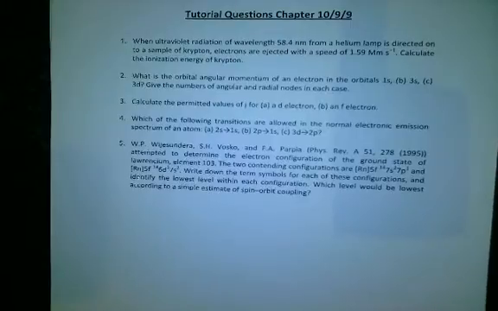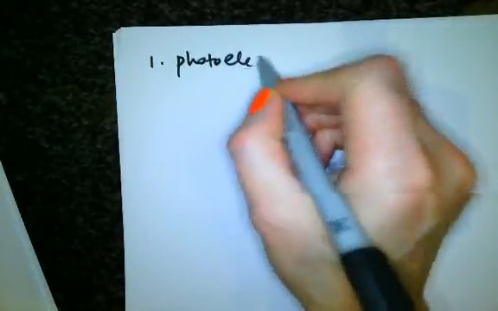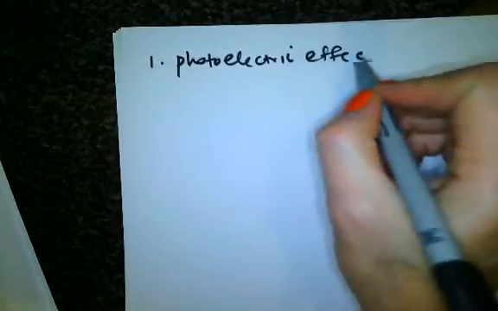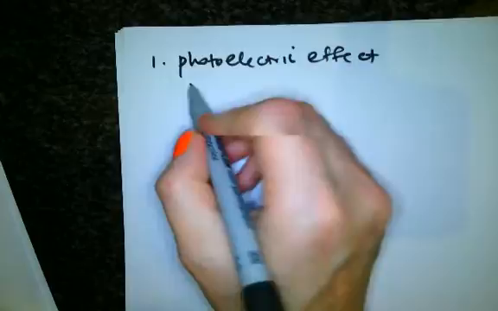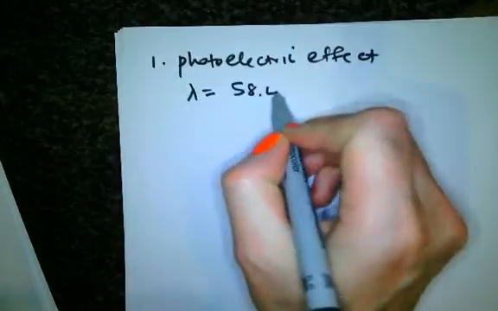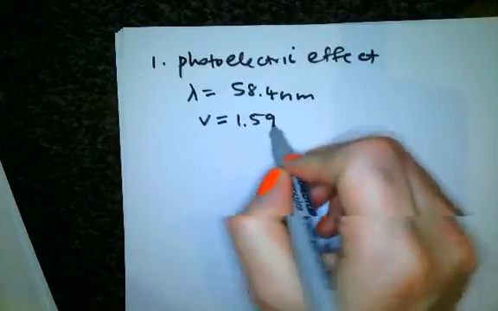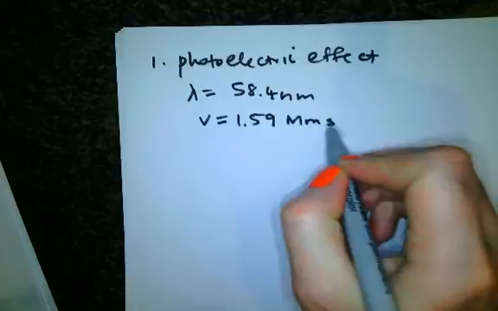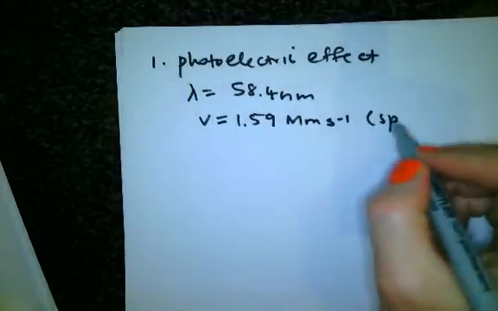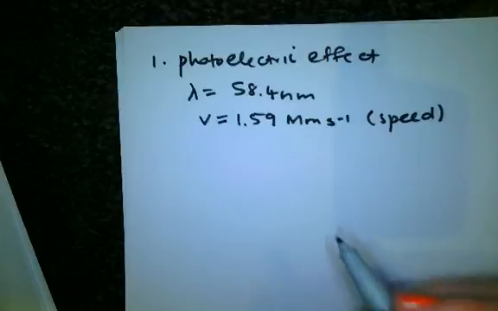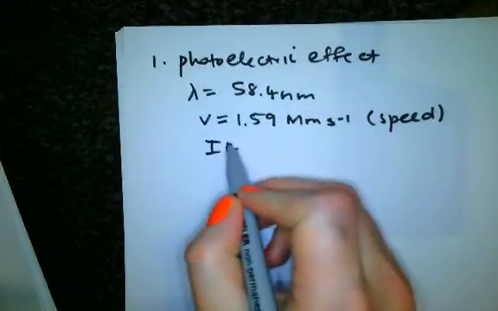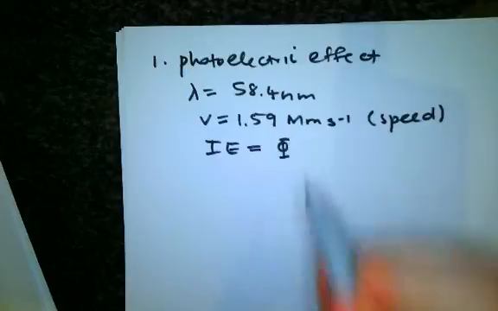So for question 1, the photoelectric effect, the wavelength is 58.4 nanometers and the speed is 1.59 megameters per second, which is the speed of the ejected electrons. Now ionization energy is equal to the work function as defined in the first chapter.